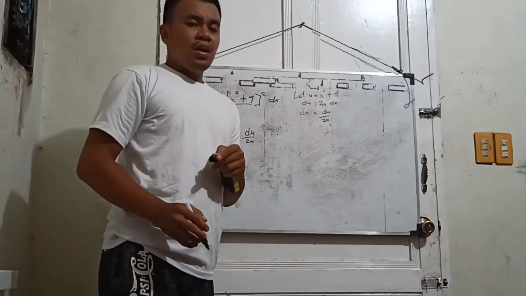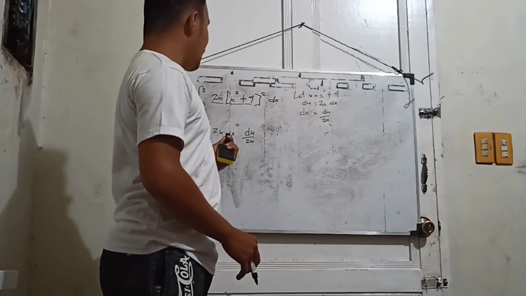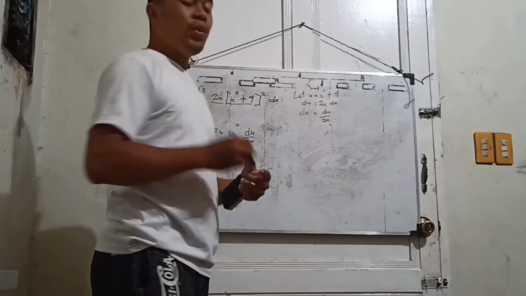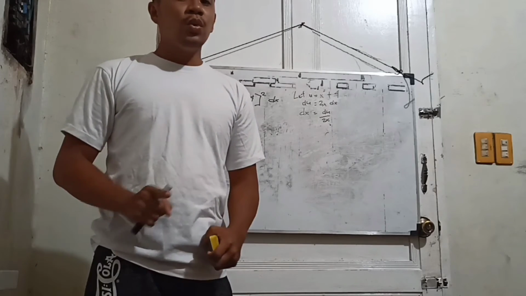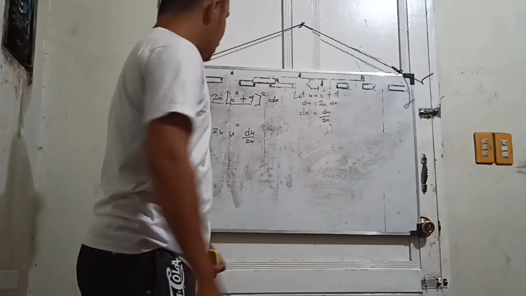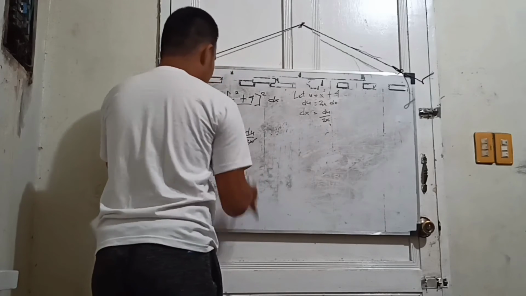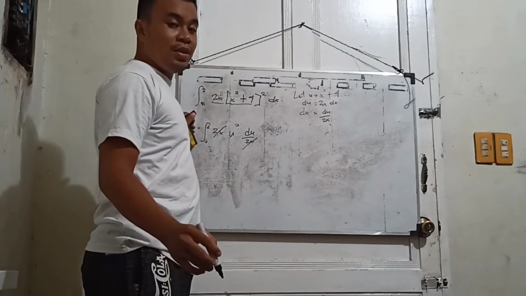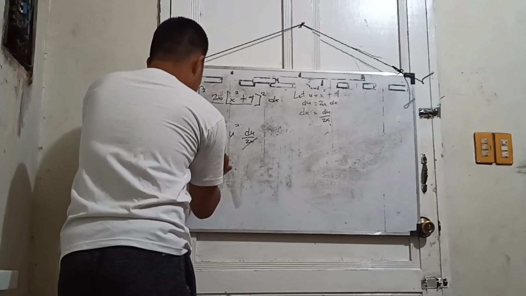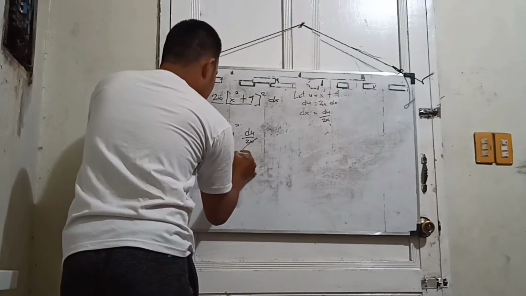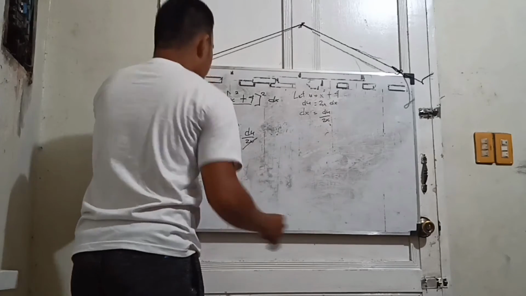So, as you are seeing, we have 2x, so what are we going to do? We are going to cancel it out. Yes, cancel it out. So, the remaining will be u squared du.